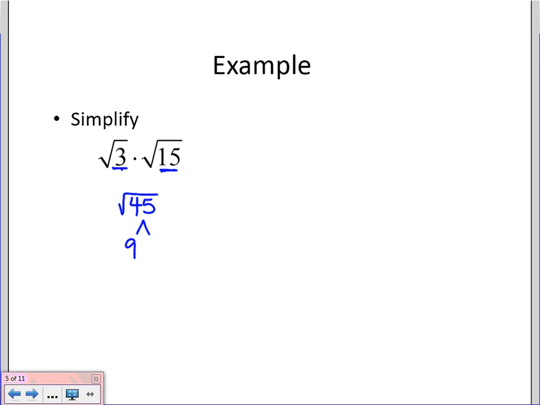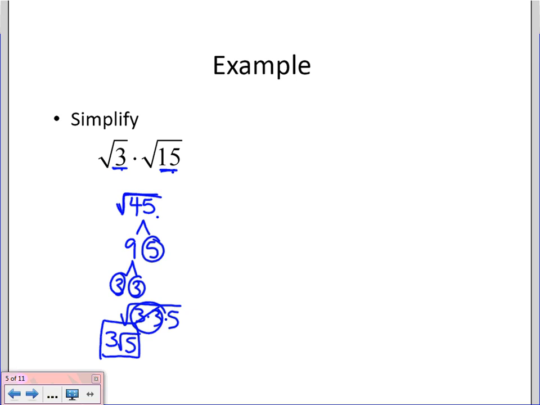So we're going to have 9 times 5, 3 times 3, square root of 3 times 3 times 5. Find one pair, cross it out, bring it out. And I'm left with 3 square root 5. So the square root of 3 times the square root of 15, we've got the square root of 45, and we factor out 45, and we find that it's 3 square root 5.